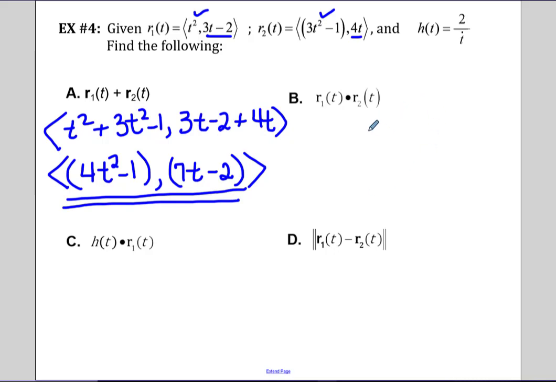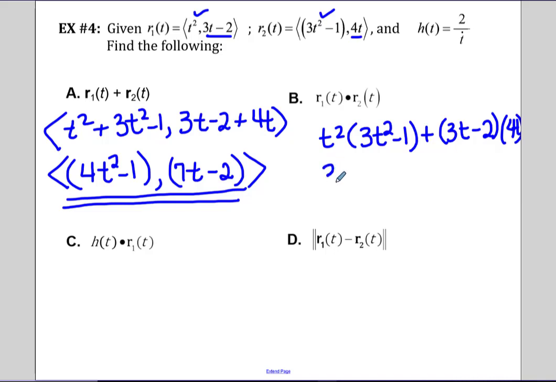Then here we have the dot product, so r sub 1 of t dotted with r sub 2 of t, which is our t squared times the 3t squared minus 1, and then we'll add the 3t minus 2 times the 4t. So to dot product, we have the product of the x times the x and the y times the y, or the i-th term times the i-th term and the j-th terms times the j-th terms.